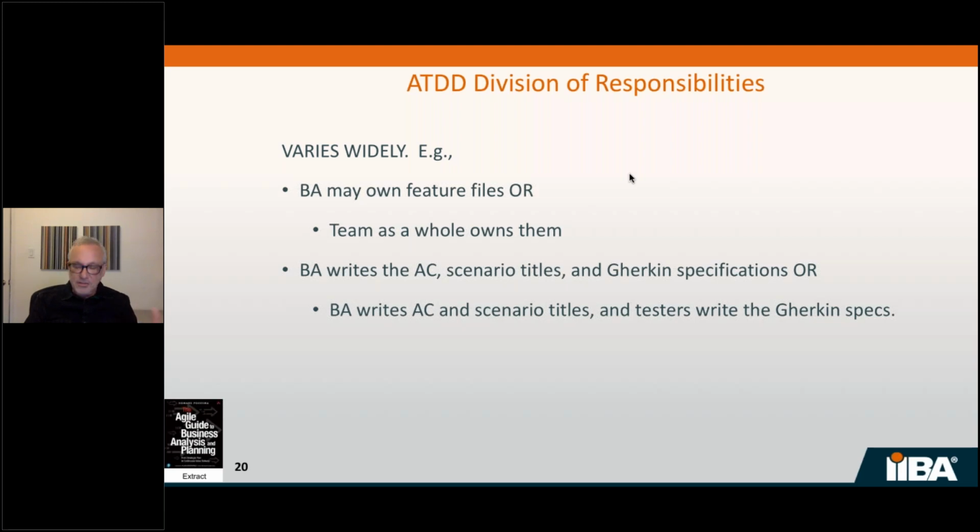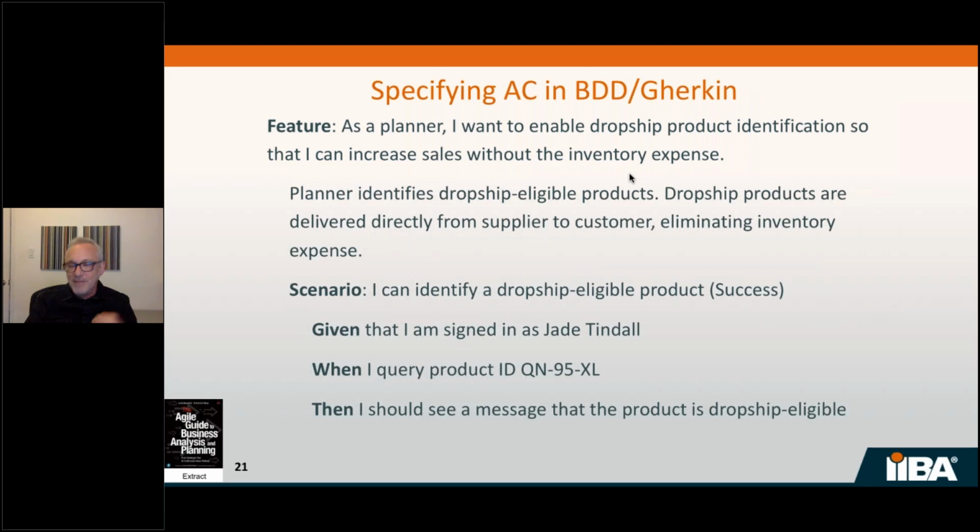And when it gets down to the more detailed Gherkin specifications, I've said testers. By that I mean the person responsible for testing, or people, write the Gherkin specifications. I use that phraseology because increasingly what we're looking for really is for the developers who write the code to actually write the test cases, so they serve a dual function.